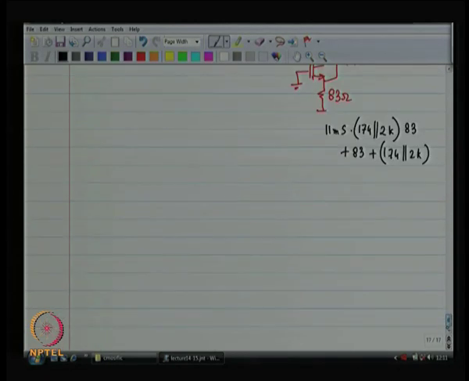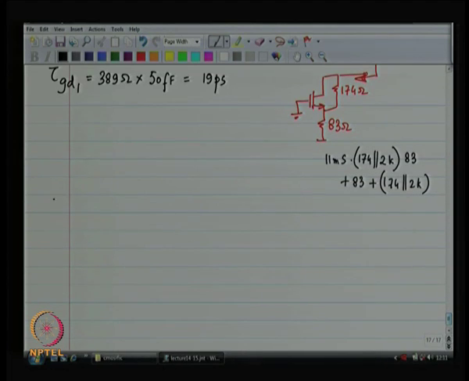So, my net tau has reduced to 721 picoseconds, and that is going to give me a bandwidth of 220 megahertz. So, that is quite a jump. Okay.